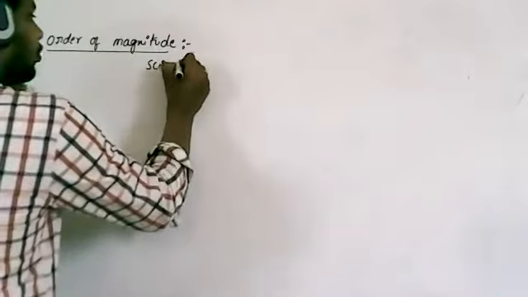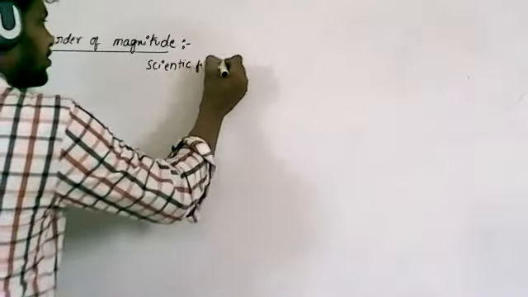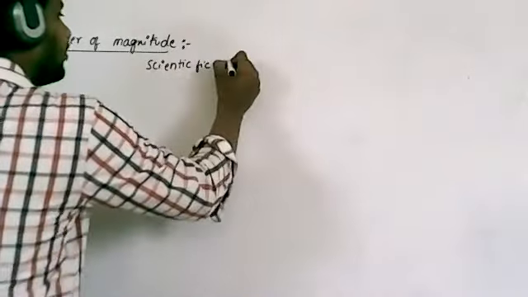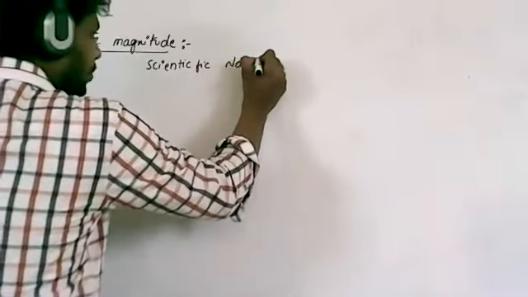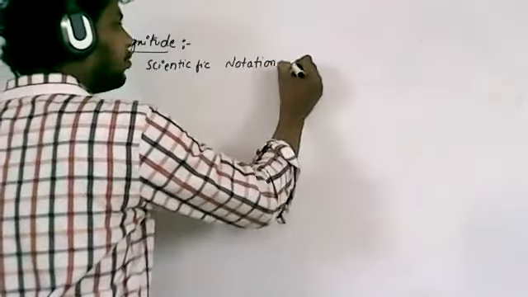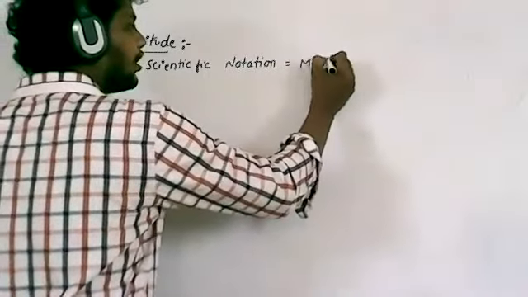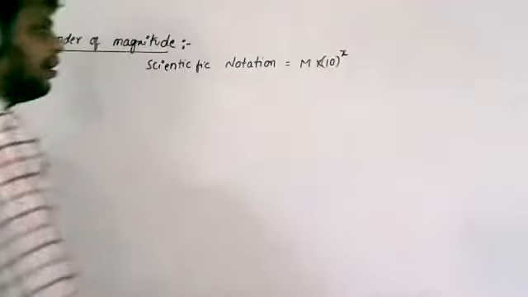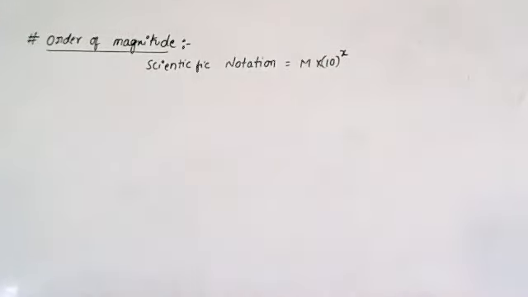In order of magnitude, we can express the measurement in scientific notation. Clear? So what does scientific notation mean? M into 10 power x. Are you clear?